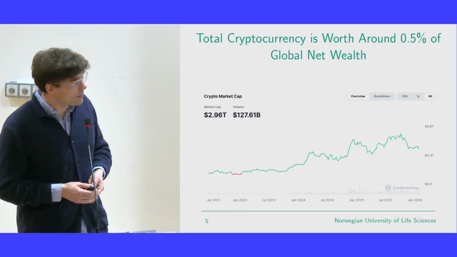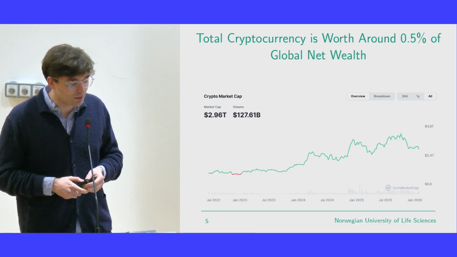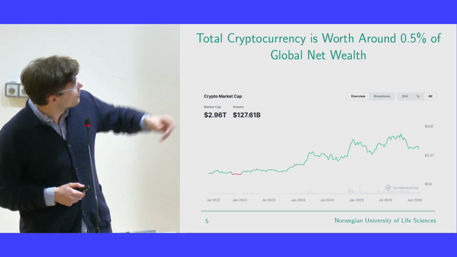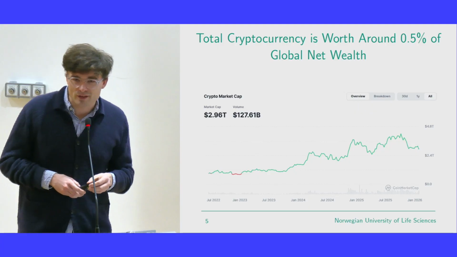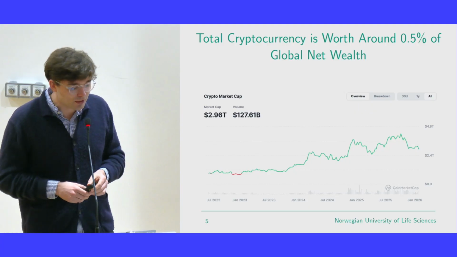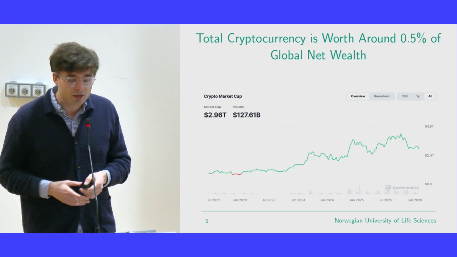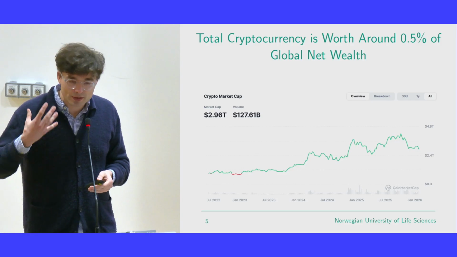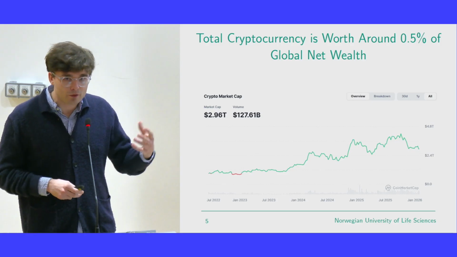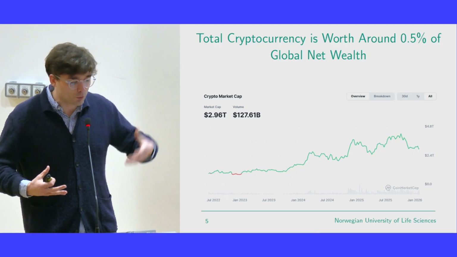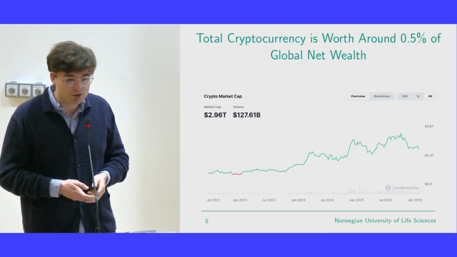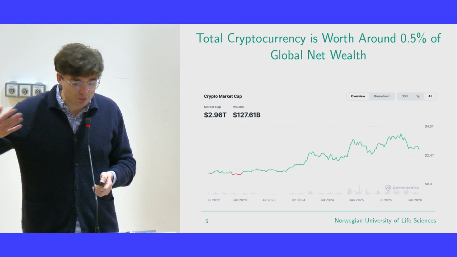Since I made my presentation last week, the total market cap was 2.9 trillion; today, I think it's 2.6 or something. So it's quite volatile. You have to be a risky investor to go into this market. But it's a way of both exposing yourself to the risk and rewards of this market, but also to circumvent the normal financial system.